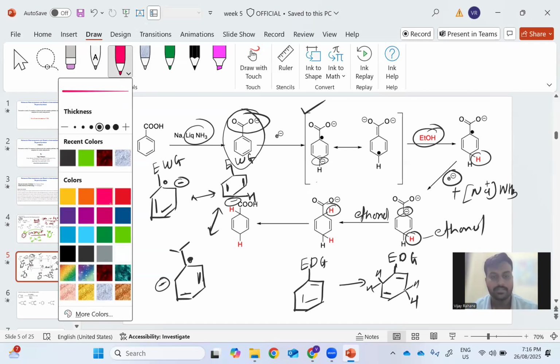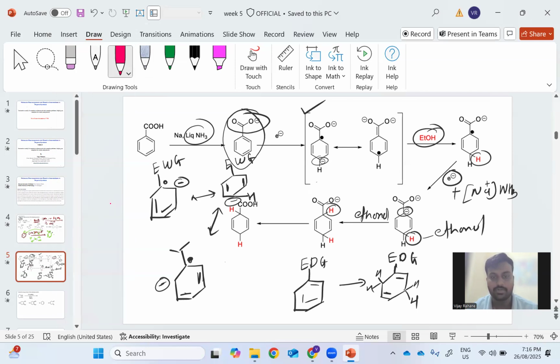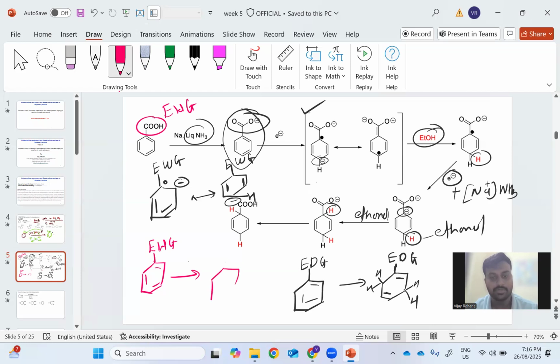So in case of the electron withdrawing group, I will also draw it. I will just erase all the remaining parts which are not necessary. In the same mechanism, the product will be like this.